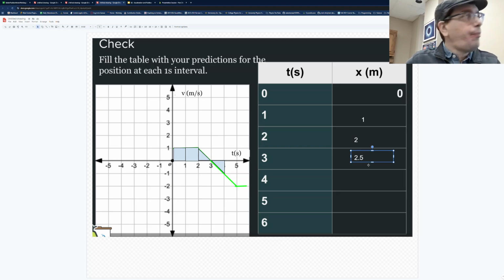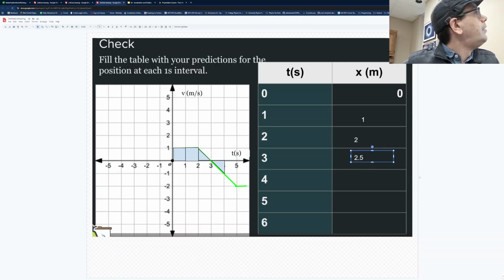2. Oh no. It's a beautiful picture. It is, isn't it?